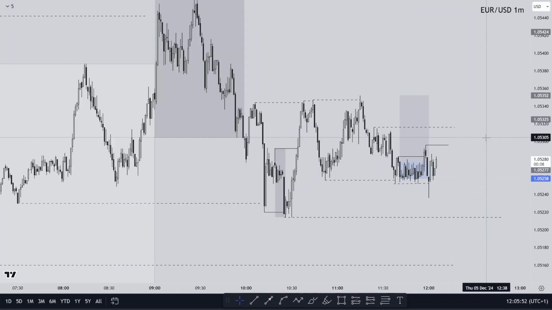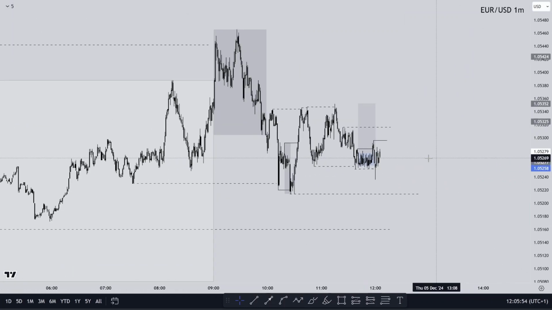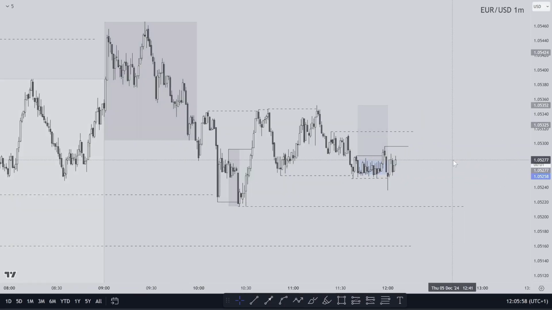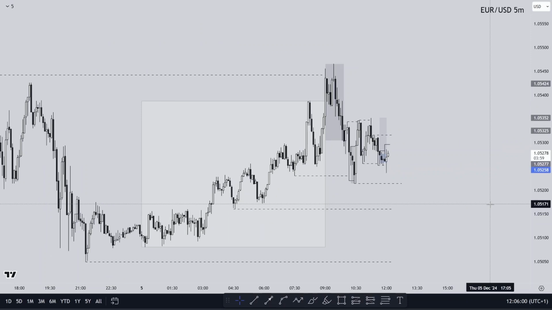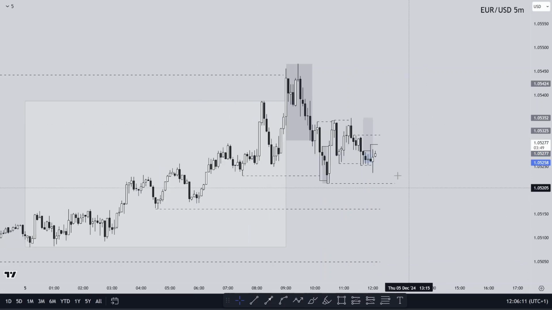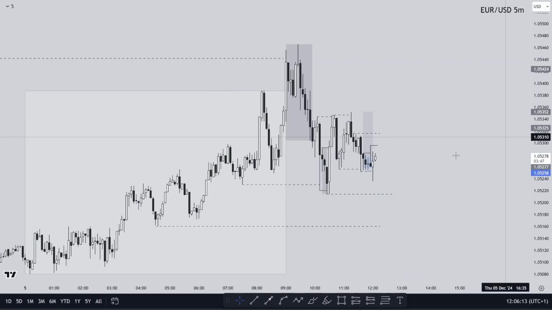In the afternoon, during the New York session, I don't know if I will record the session. It depends on how the market moves, and there will also be huge news at 2:30, I think. So probably I'll wait until the news comes out to see how the market reacts.